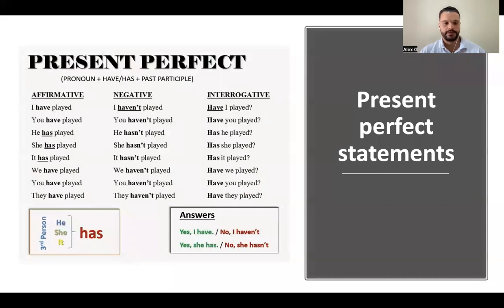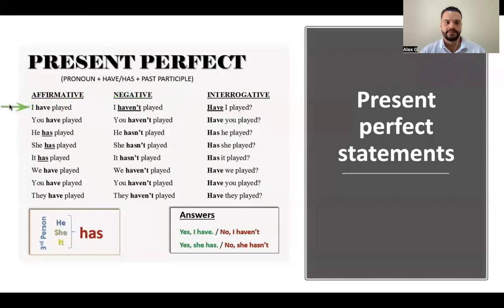The next thing that we're going to talk about is the present perfect. So for the present perfect, remember, we always have to use the auxiliary have or has. We have three different forms that we have here on the screen. We have the affirmative, the negative, and the interrogative.